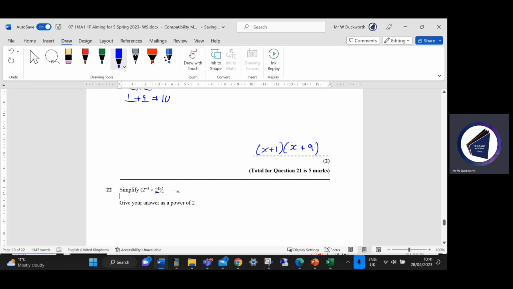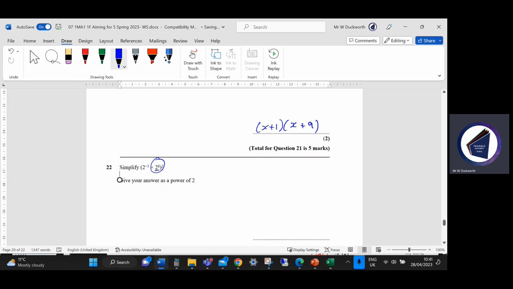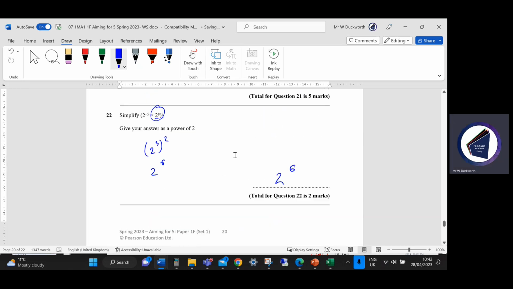So that's wrong on the exam paper, unfortunately. So no major drama. If I was simplifying that then, I start by multiplying the powers. So that would become 2 to the power 3 squared, which would become 2 to the power 6. Right, and that's it for that page.